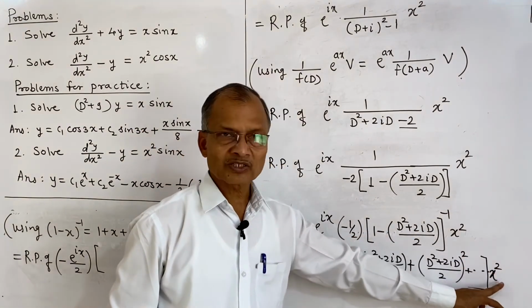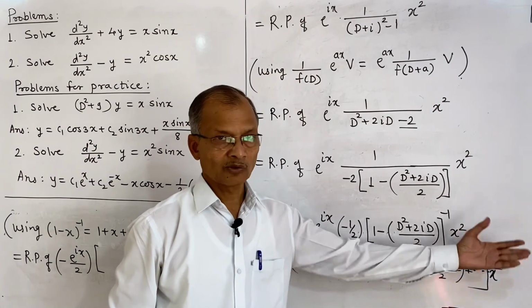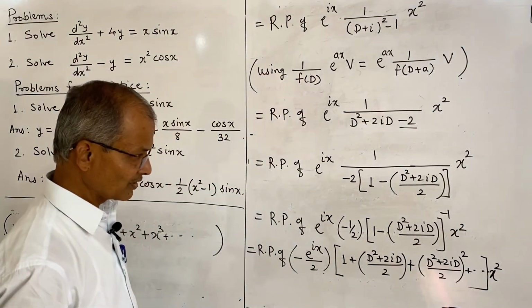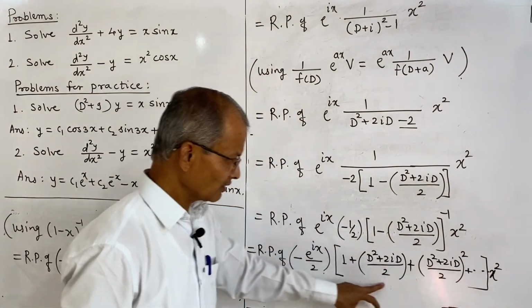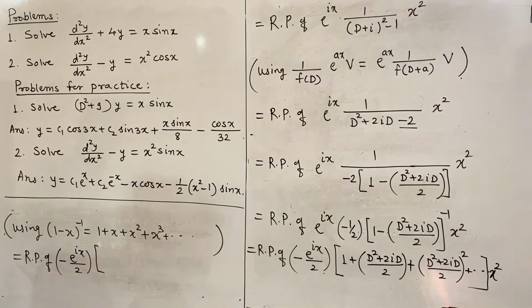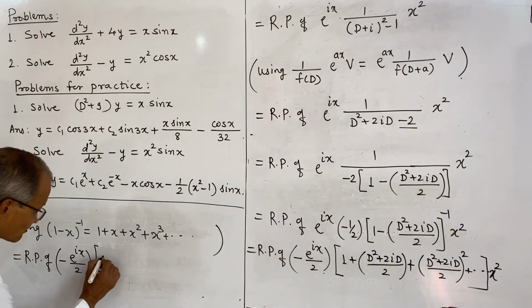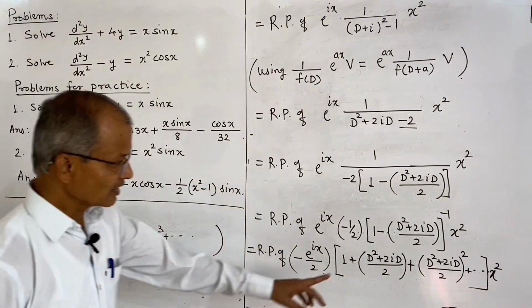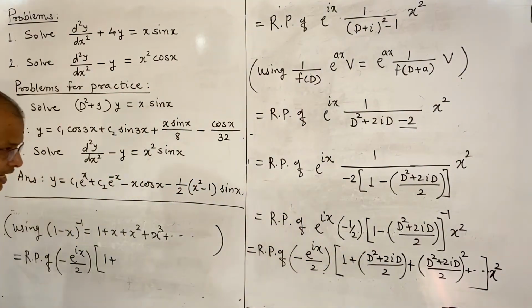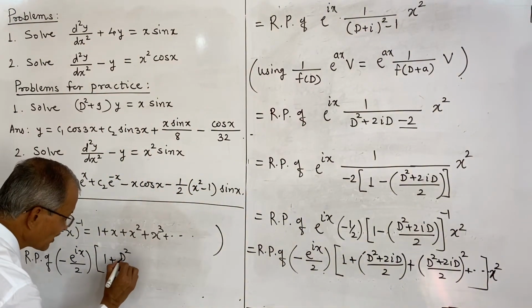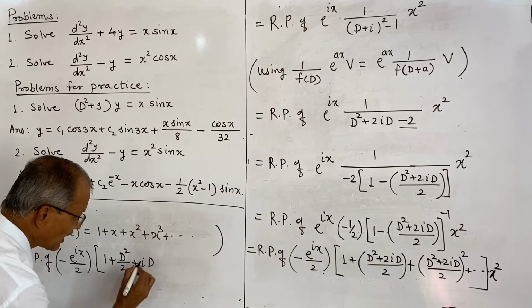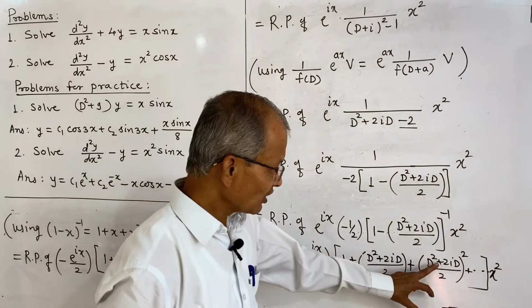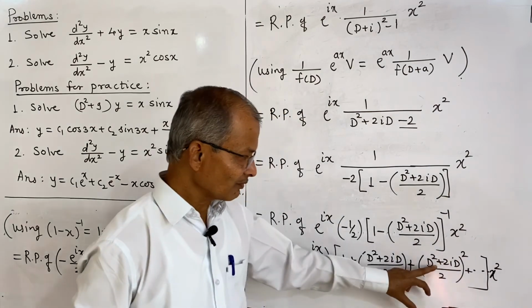Second order derivative of x square is a constant, that is 2, and cubic derivative D cube etc. will be 0. So therefore we write the terms up to D square, that is 1 plus D square by 2 plus iD, D square by 2 plus iD, and next is, you see, expansion of this D square whole square, that will be D power 4.